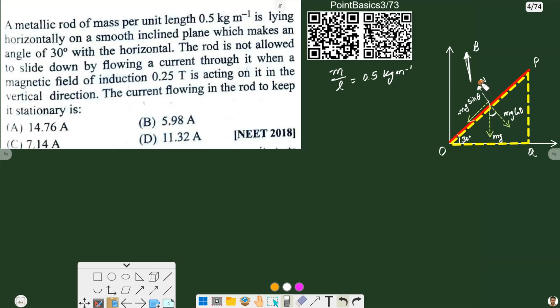If we want the rod not to slip, then this mg sin theta, that downward force, should be balanced by the magnetic force.